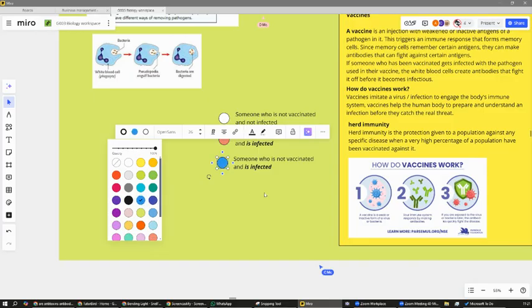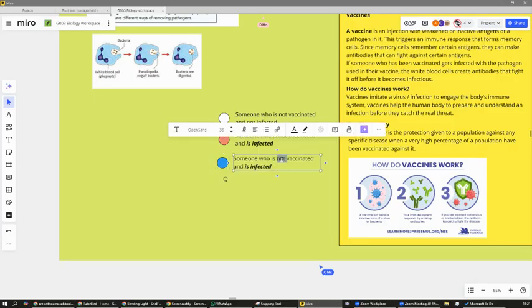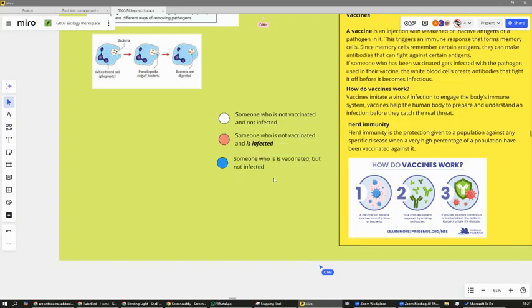So blue is someone who is vaccinated, but not infected.